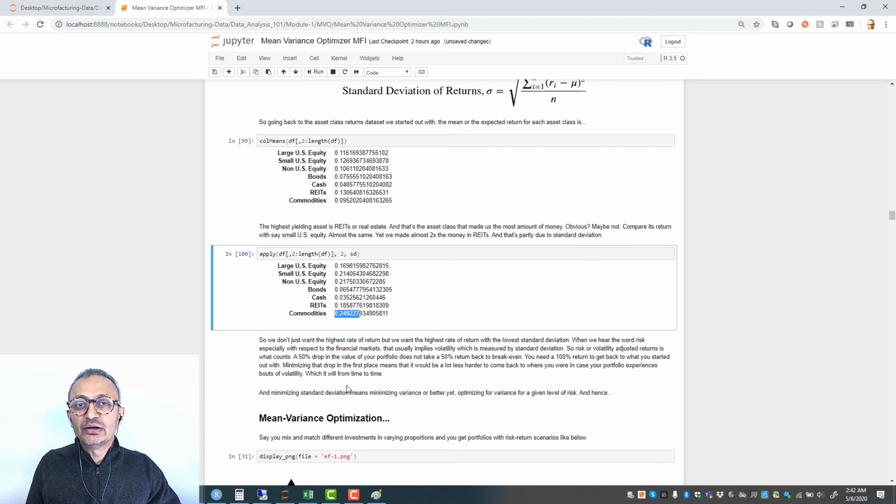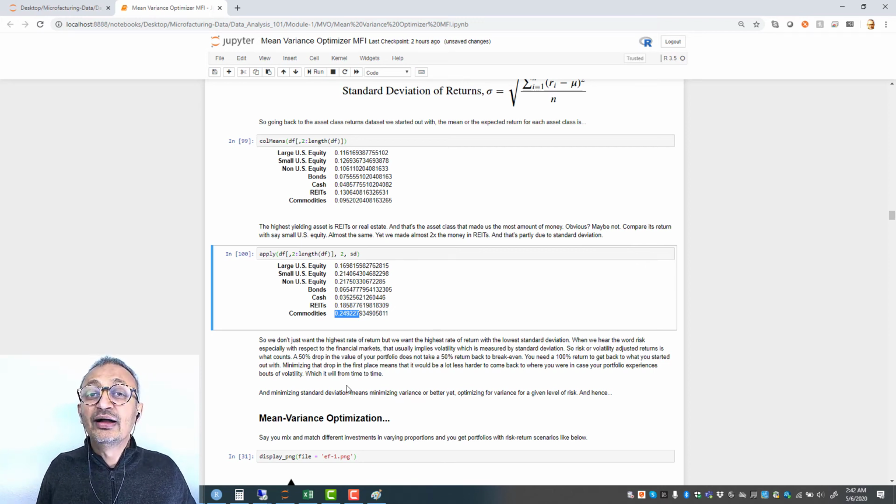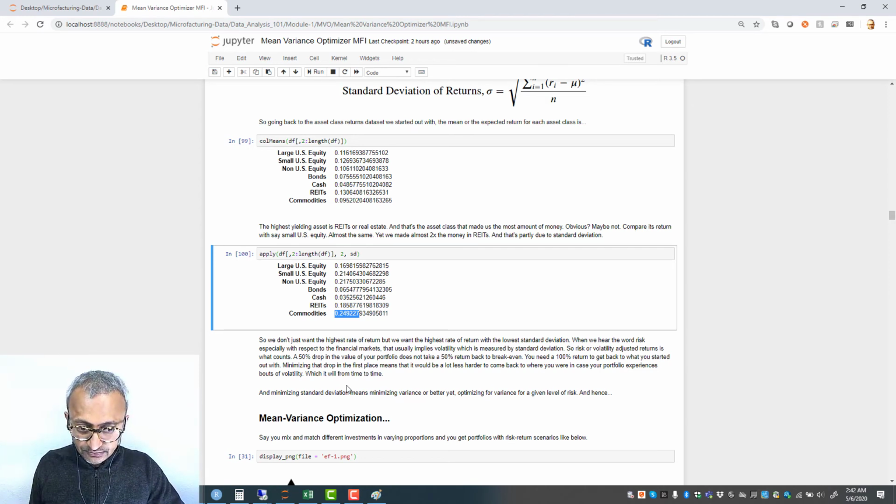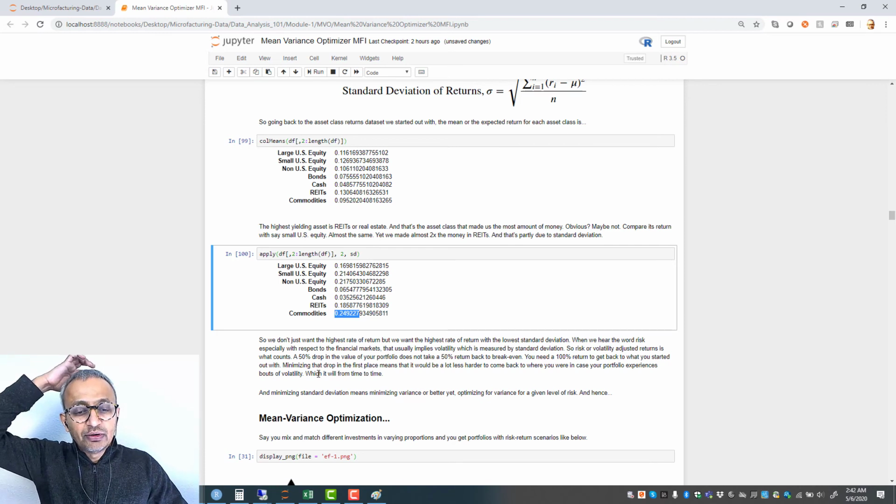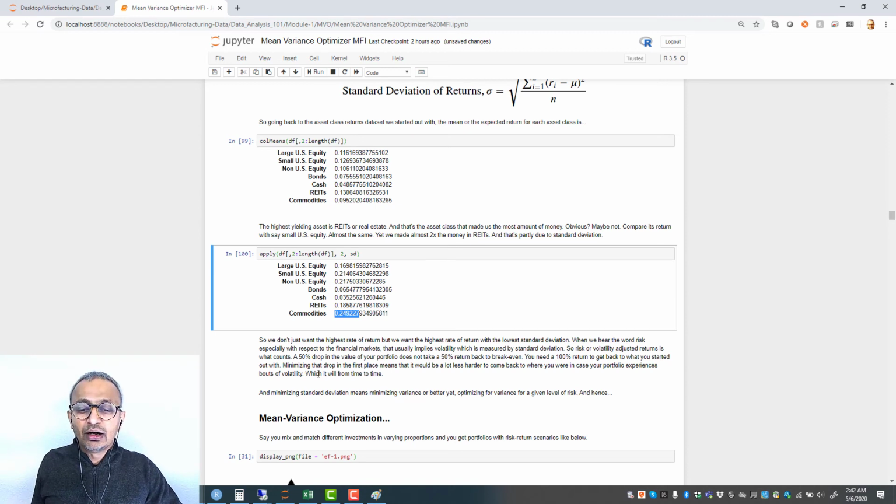If you add 50% return, you get to $75, not back to $100. You need 100% return to get back to $100. So minimizing the drop in the first place means it might be a lot easier to recover the money your portfolio went down by.